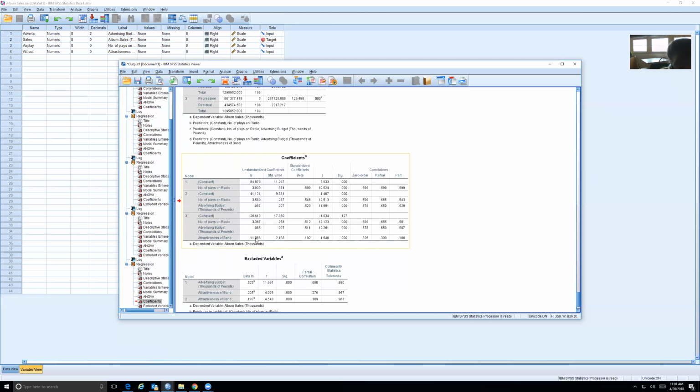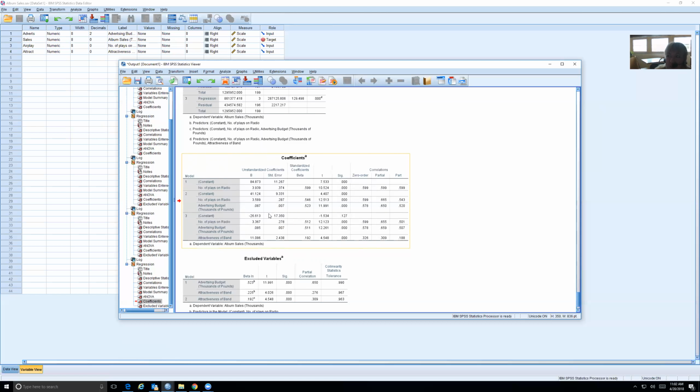We could say the same thing with attractiveness of band. If you can increase their attractiveness by 1 point right here, you will sell 11,000 more albums. That's a lot. I wonder if you're selling more to the teenage girls. Who knows?